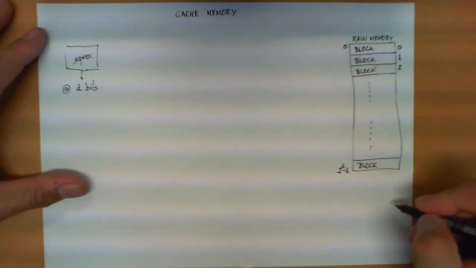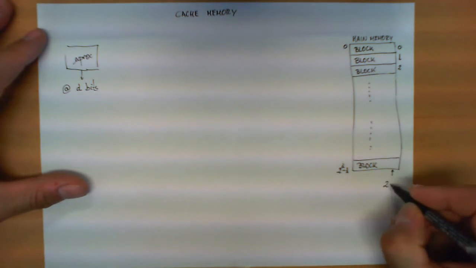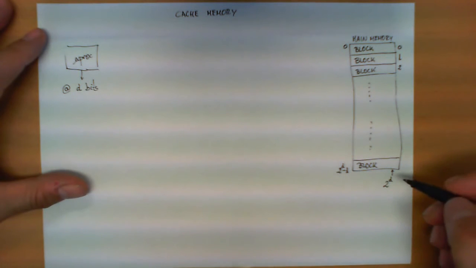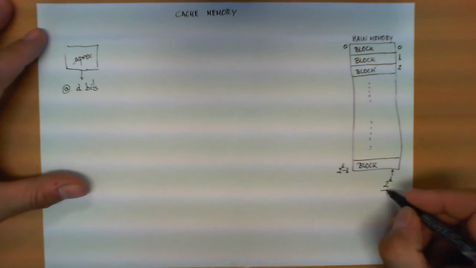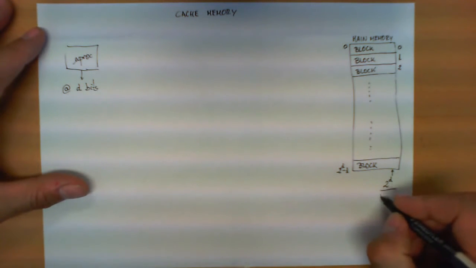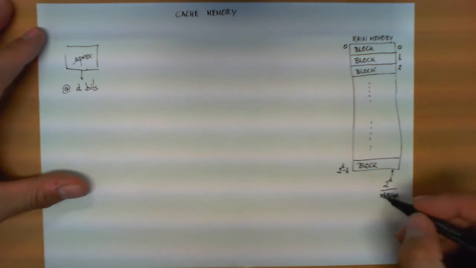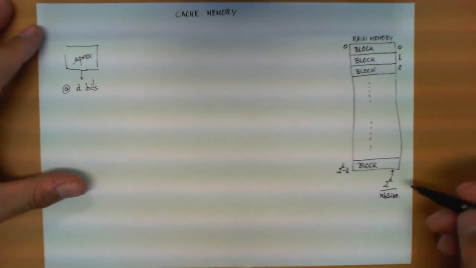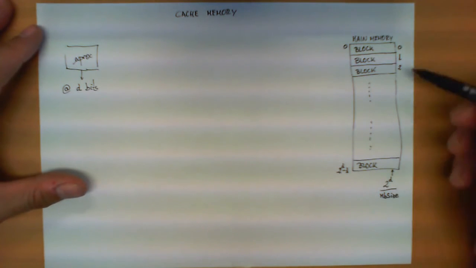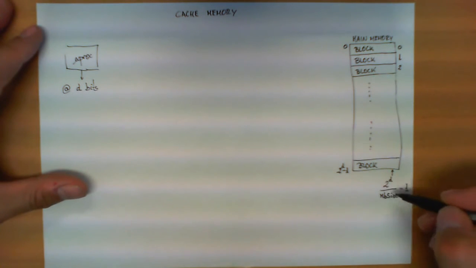If we want to know how many blocks I have, I have to take the total number of cells, which is 2 to the D, and divide it by the size of the block, which we call MB size, representing memory block size. And since I started numbering the blocks from 0, the last block over here will have the number 2 to the D divided by memory block size, minus 1.